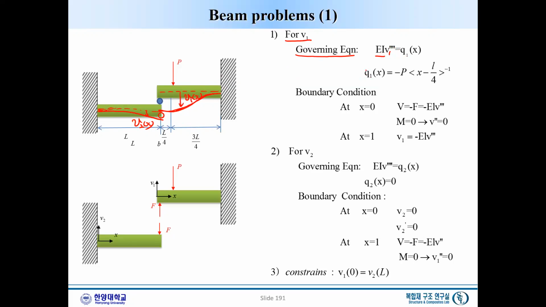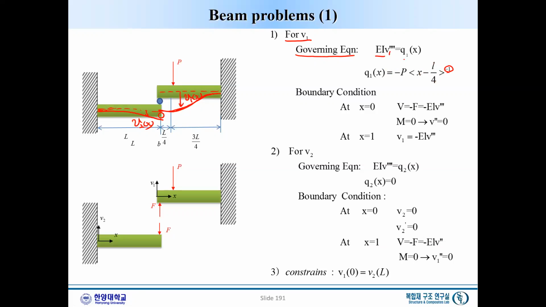In this case, Q1(x) is the distributed load, and using the singularity function, we describe this concentrated load P. Since it's downward, it's minus P, and x minus L over 4 is where the load is applied. And please be careful, the power is -1.